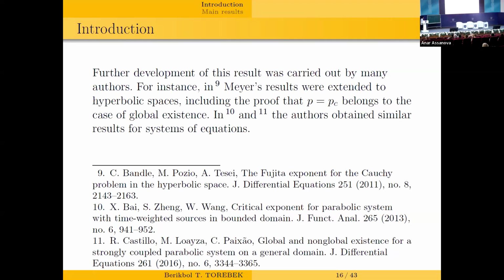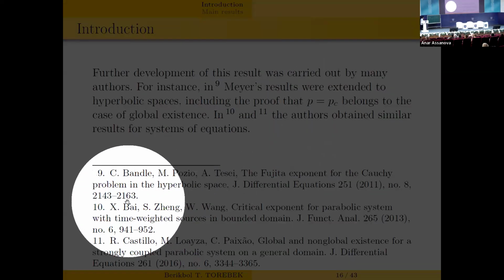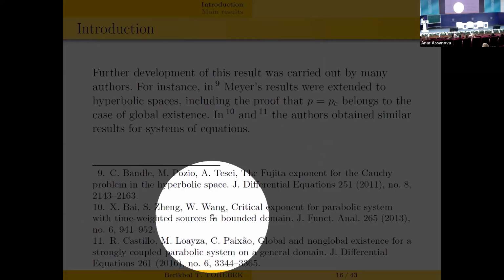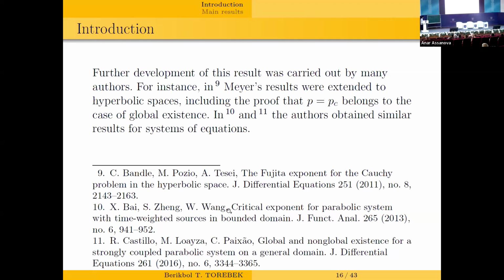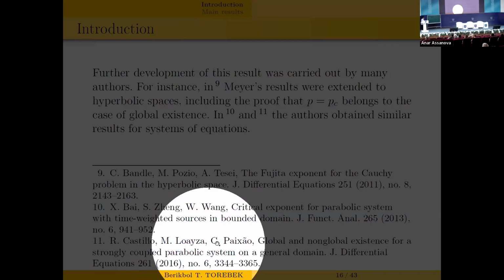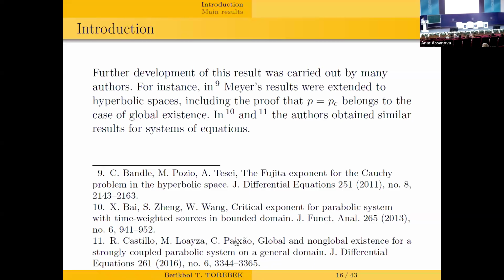Also in this paper, Chinese mathematicians considered the same problem, but for a system of semilinear heat equations, and they also got similar results, critical exponents. Also, there is a paper by Castillo, Loayza, and Paixão.